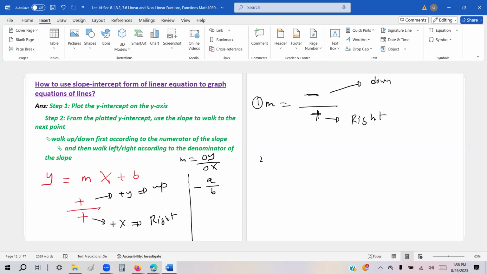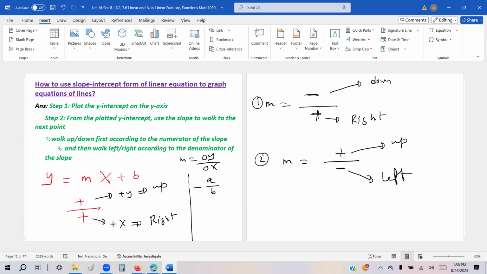Or let's say, well, I don't want to do that. I want to make my negative on the bottom and put my positive on the numerator. So now you have positive on the top. Which direction? Up. Good. And you have negative on the denominator. Left.